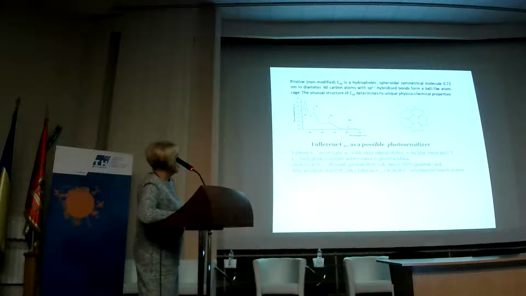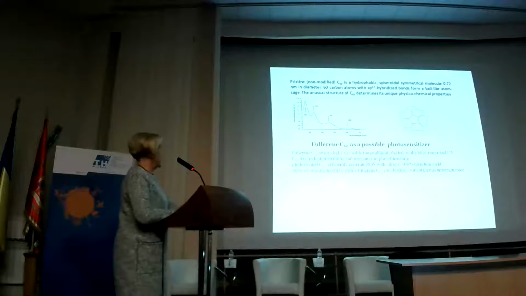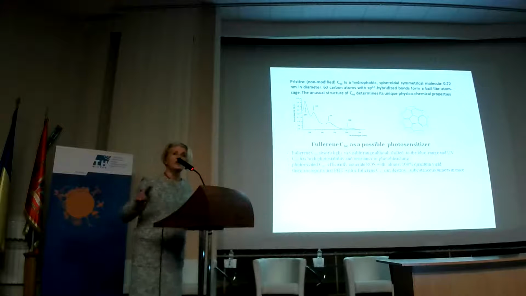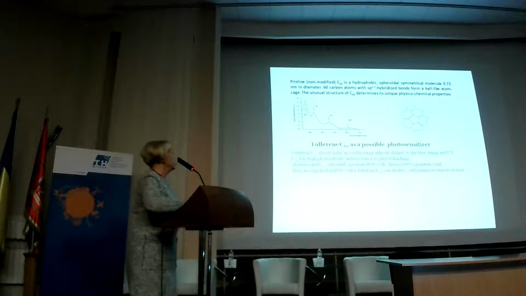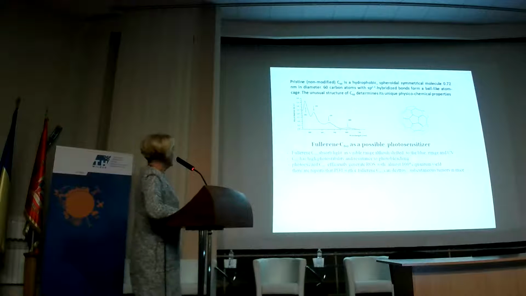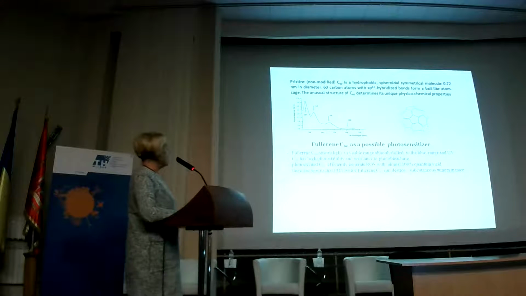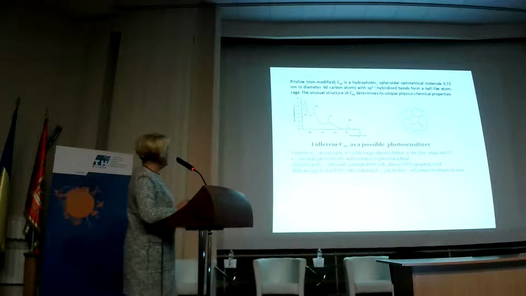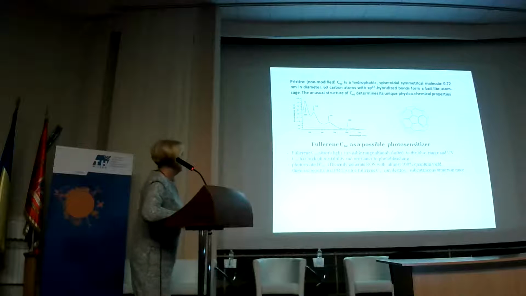What are the features of fullerene as a possible photosensitizer? Fullerene is the only one among those nanoparticles I told you about which absorbs light in the visible range. Also, it absorbs in the blue range toward ultraviolet.